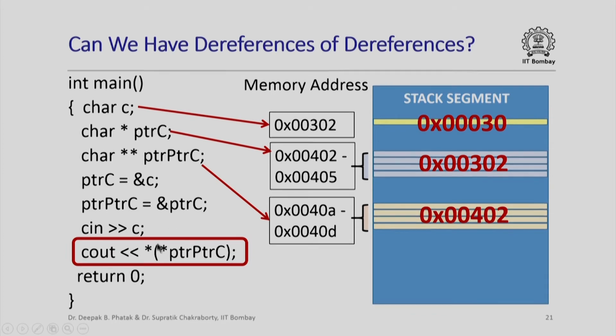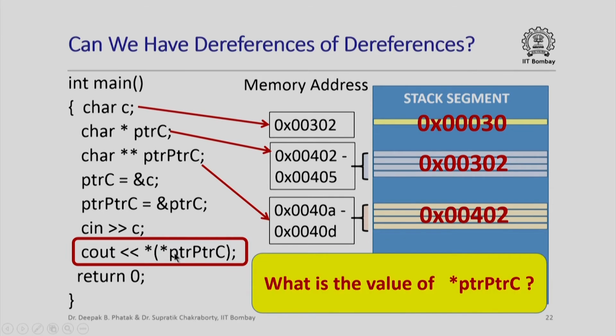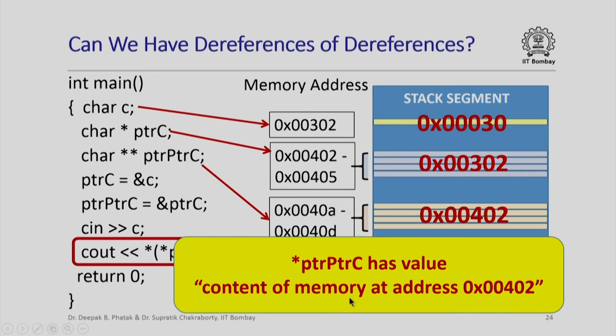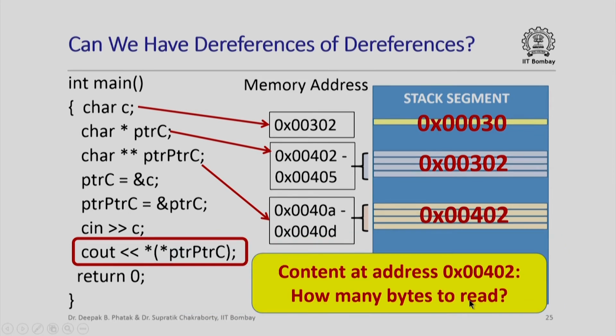Note that I have used parentheses to clearly denote what I am dereferencing at any point of time. So what is the value of *pointer C to begin with? Well, pointer C has the value hex 00402. So we have to go to the memory location hex 00402 and read off some bytes. But how many bytes should I read from there?